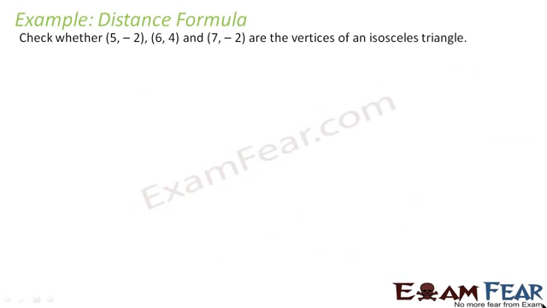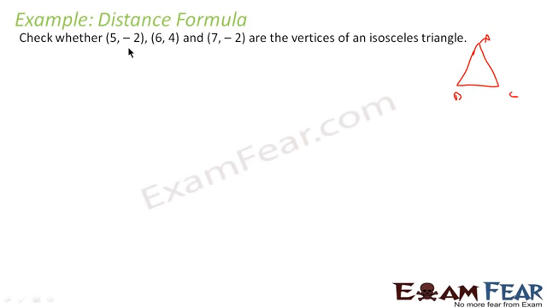We have to check whether (5, minus 2), (6, 4) and (7, minus 2) are vertices of an isosceles triangle. To prove that, let's suppose this is a triangle with sides AB, AC and BC. If we can find the distances of all these sides and prove that two sides are equal, then we can say it is an isosceles triangle.